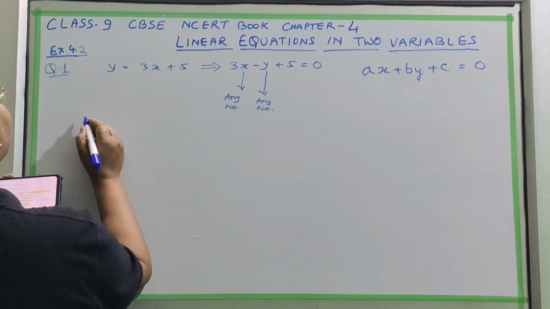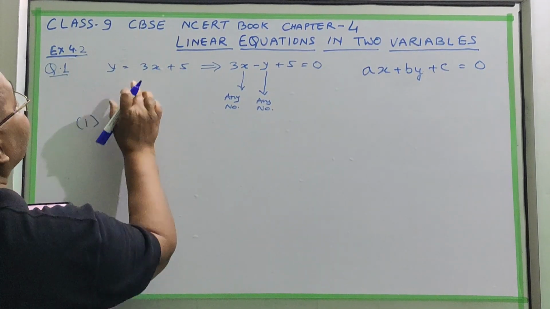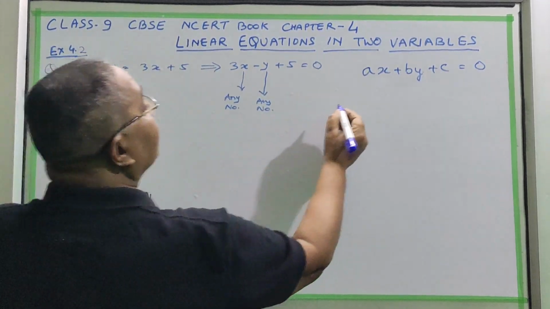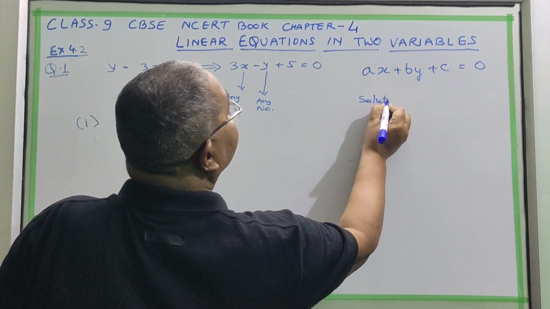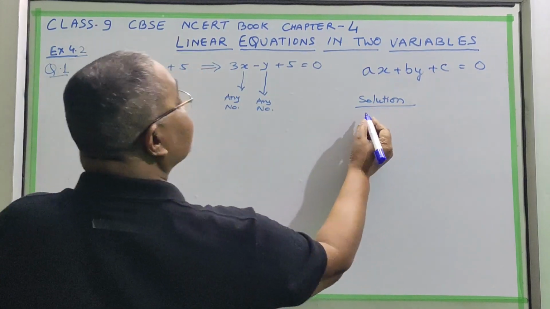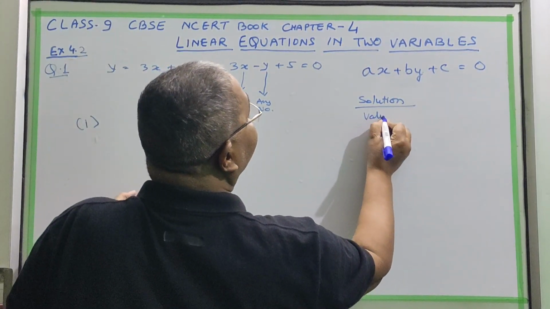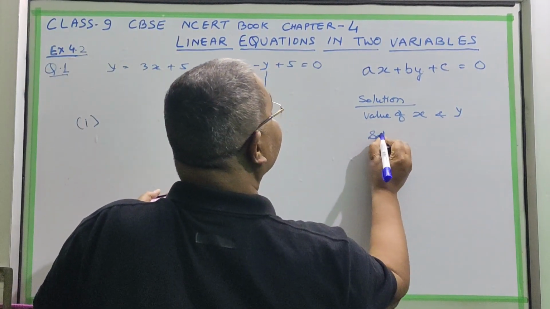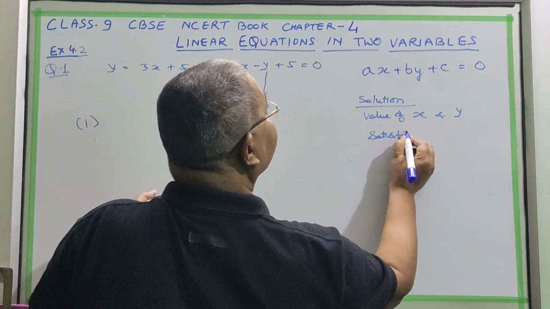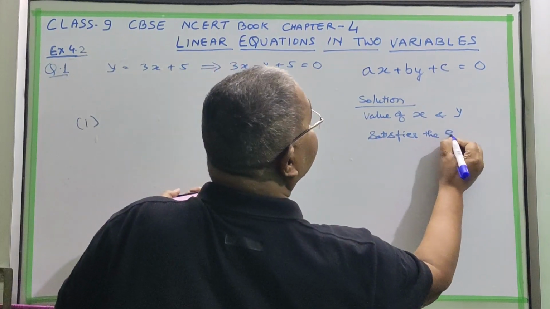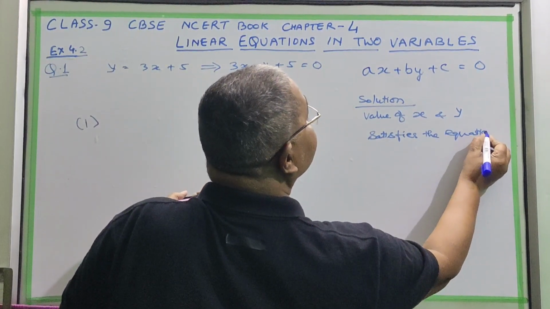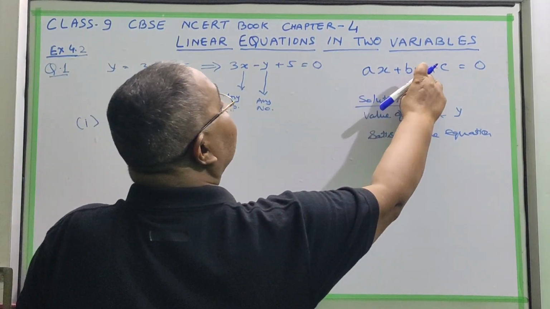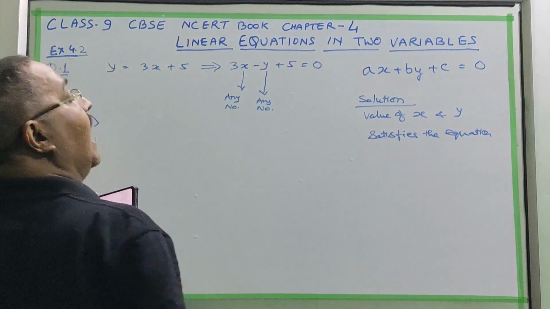Here they are asking whether there is a unique solution. Solution means a solution of the equation. Solution means the values of x and y satisfy the equation. You will put any values of x and y, but the answer should be 0.